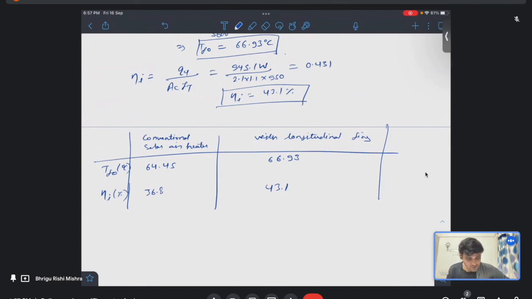So longitudinal fins are better. Although it increases the cost, since it doesn't require any maintenance, it's a better investment.